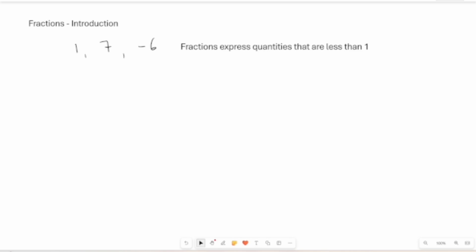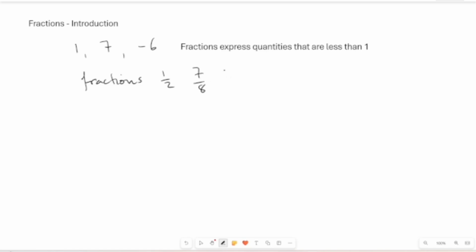Now, there's a number of different ways to express quantities that are less than 1, and two of them are using fractions and decimals. So fractions tend to look like this.